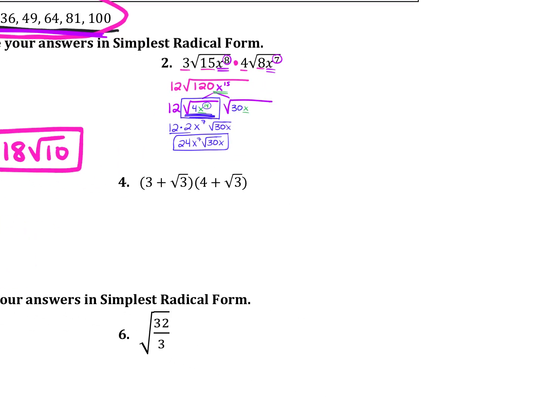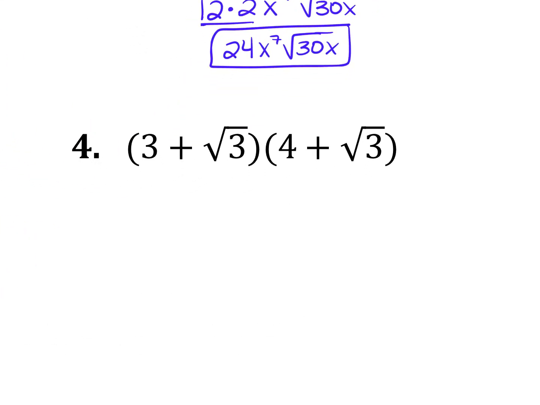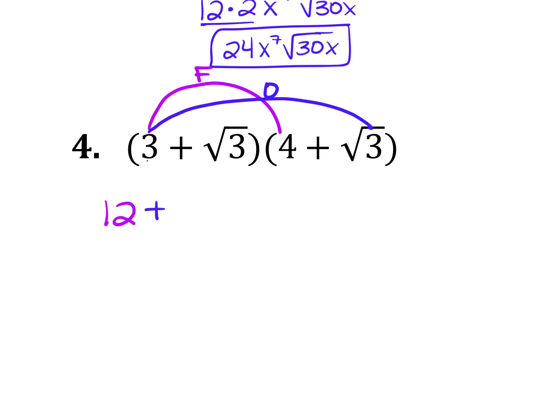Okay, number 4. How do you do this one? Foil. You gotta foil it. So first is gonna be 3 times 4, so that's 12. Outside is gonna be 3 times rad 3, so that's a positive 3 rad 3.